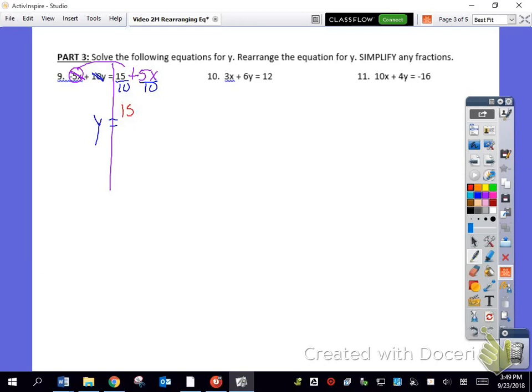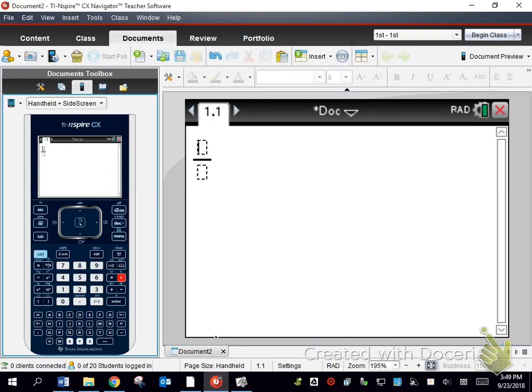You have to put in 15 divided by 10 in your calculator, and then you have to put 5 divided by 10 in your calculator, all right? So enter each one, 15 tenths. So you make your fraction, control divide, 15 over 10, and hit enter, and you get 3 over 2, 3 halves.